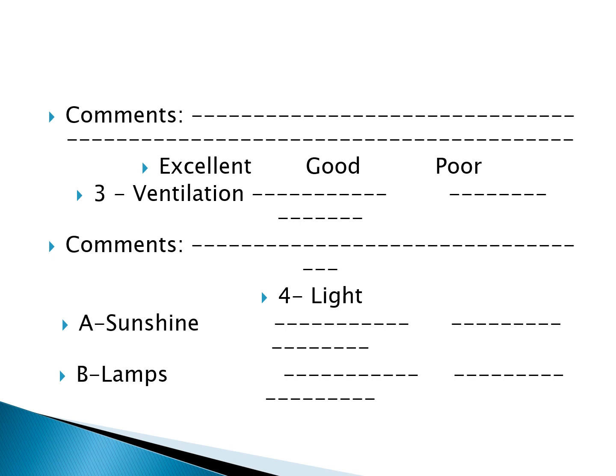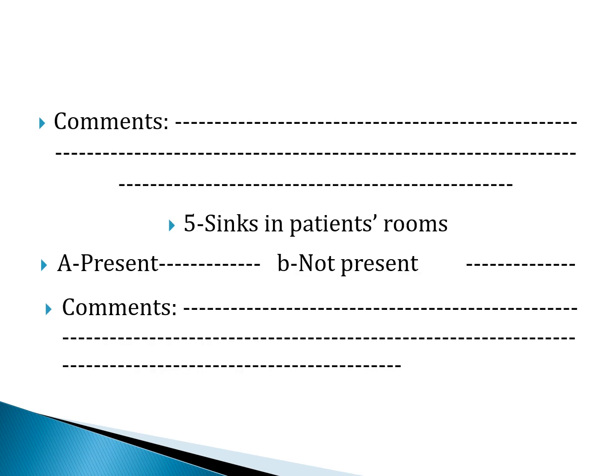You can write if sunshine can enter this unit through windows or doors. Okay? Whether the lamps in this unit give good light or not. You can write a comment to support and explain your answer.